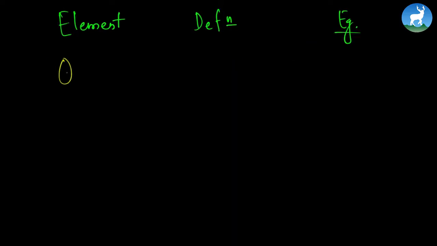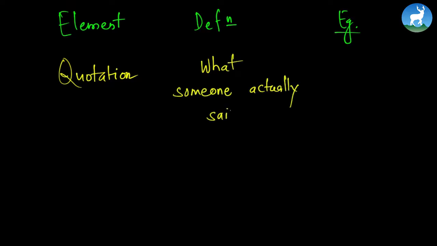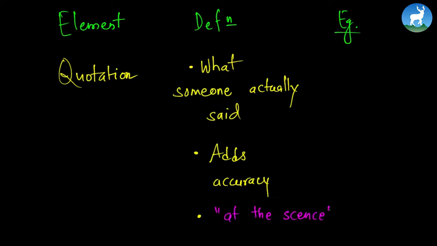Now we come to the last section, which is called quotation. What is quotation? Quotation is what someone actually said. What does quotation do? Quotation adds accuracy. Quotation also gives this, like I said earlier, at the scene kind of feeling.